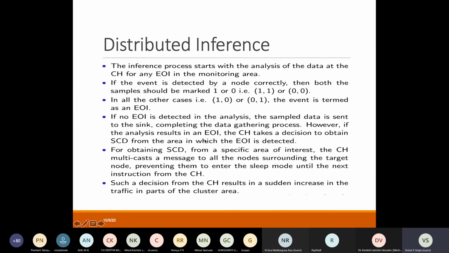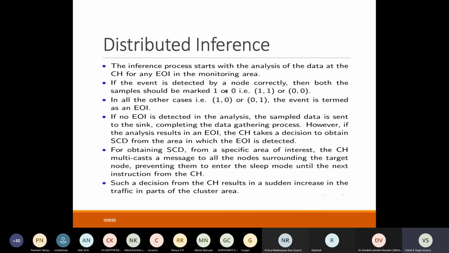So in all these cases, we need to awake more number of nodes in that specific area, because the data coming from this node, which is generating faulty data, has to be verified.